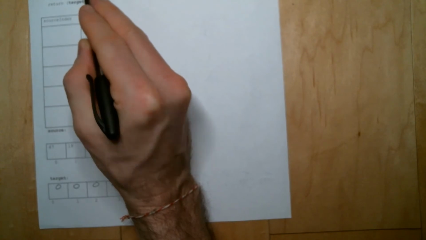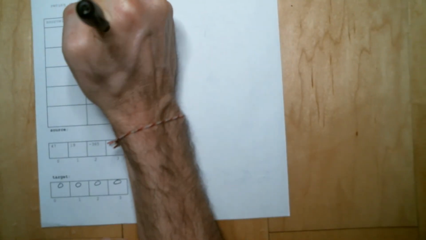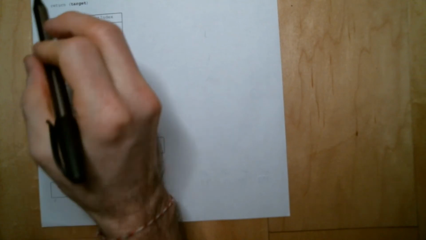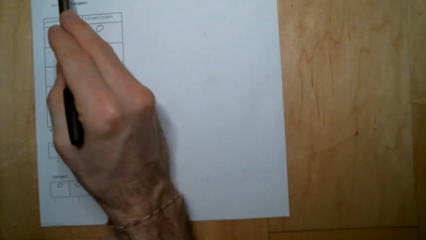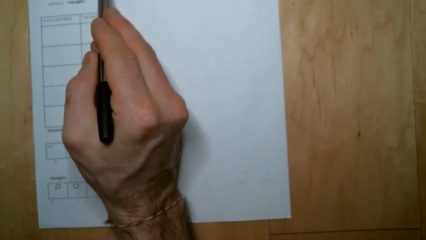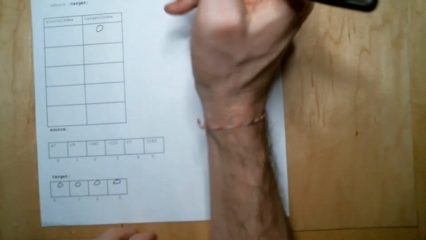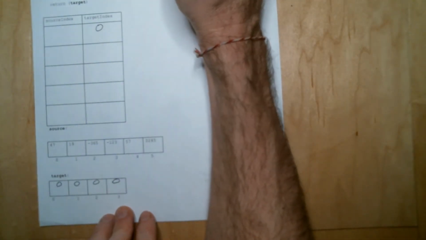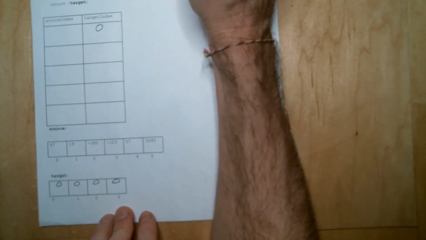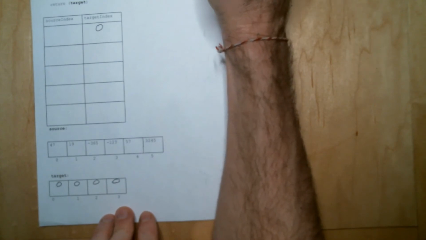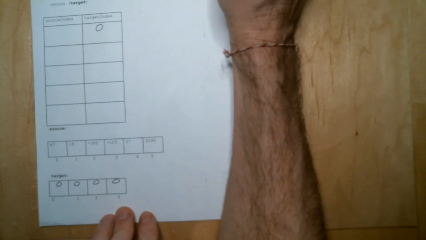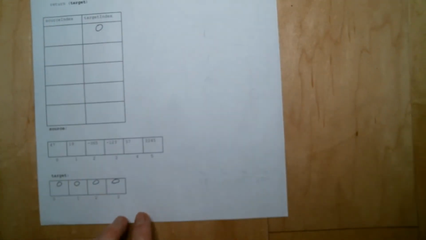All right, so now I have this variable target index, which is going to start off at 0. So let me fill that in right here. And then I have a loop called source index, which is going through the range 0 to get length of source, comma 2, which means we're counting up by 2, not 1. When you provide that third parameter, it's how much you're going up by.